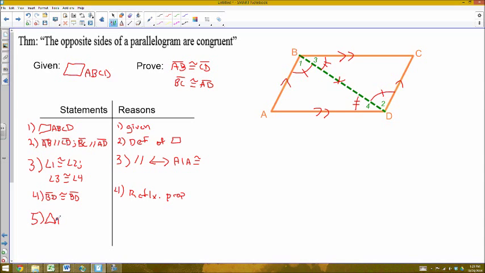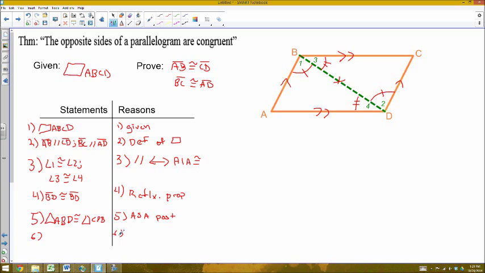So I have shown that triangle ABD is congruent to triangle CDB using the angle side angle postulate.